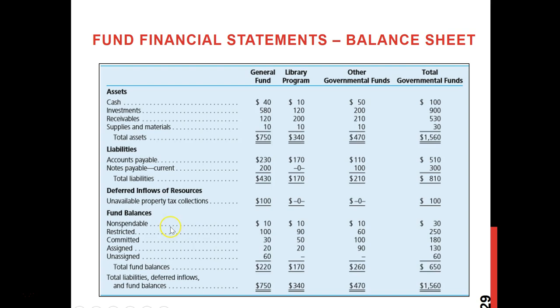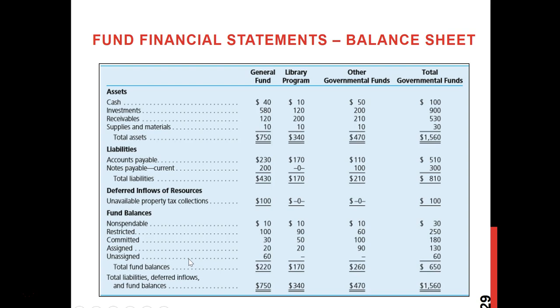So one is nonspendable, which you usually cannot spend. One is restricted by external parties. One is restricted, or they use the term committed, by internal authorities within the government. On the other hand, you will see two other types, which are assigned and unassigned.